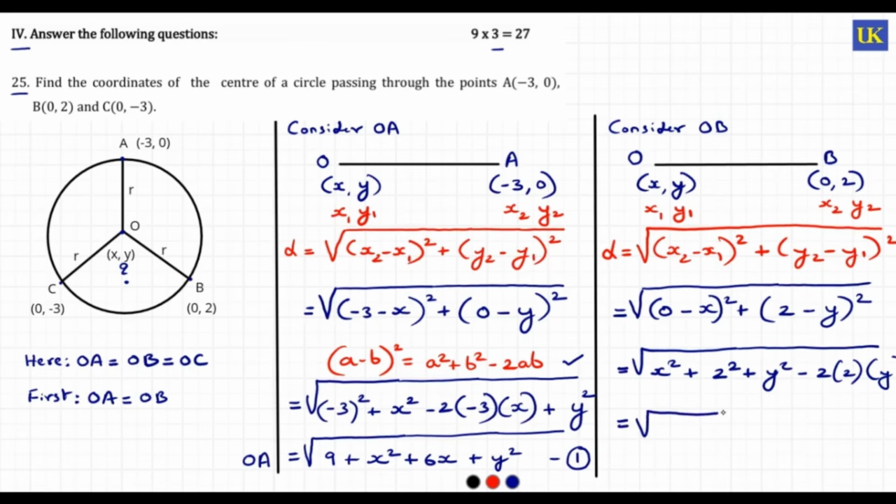All right, so we'll solve it further. So x square, 2 twos are 4, plus y square as it is. 2 twos are 4 into y is minus 4y, and we will take this as equation 2.